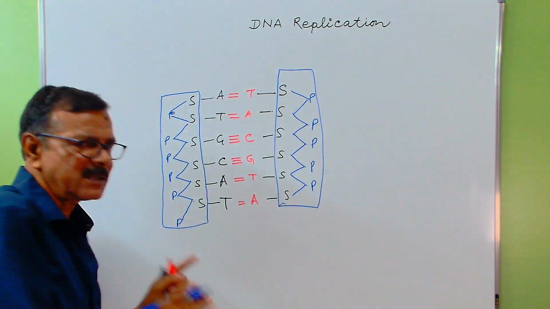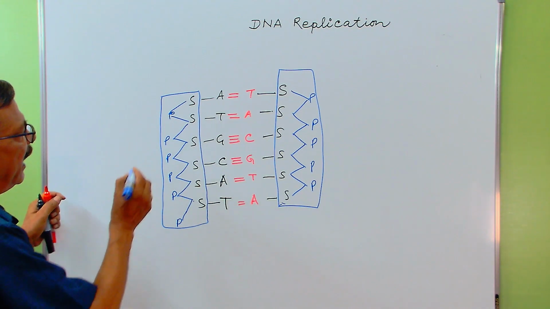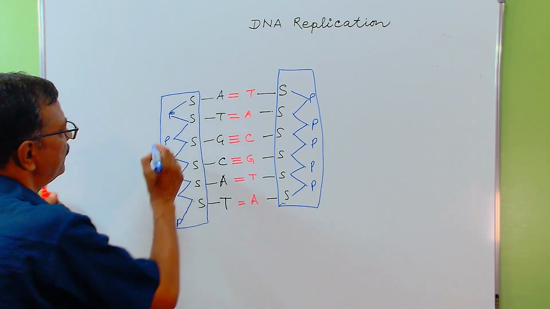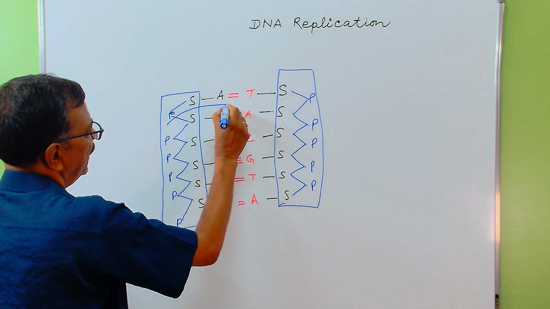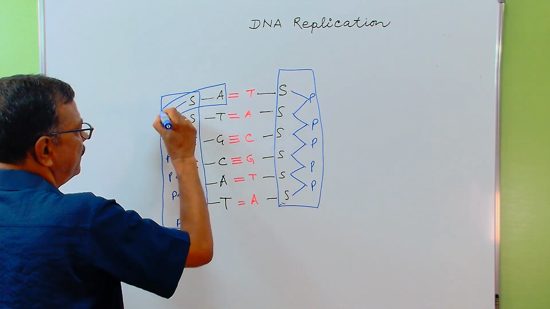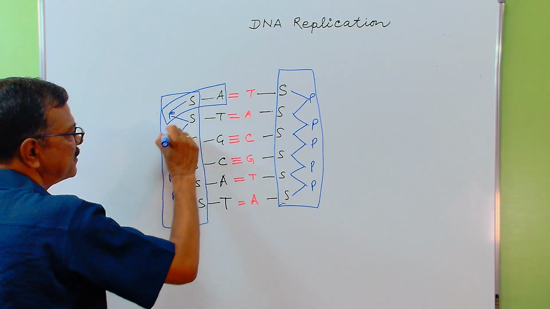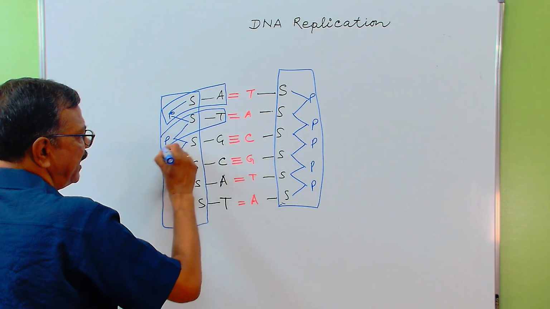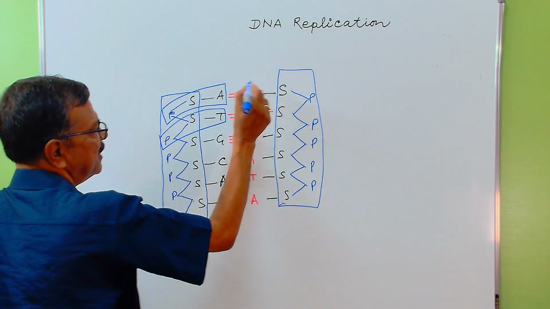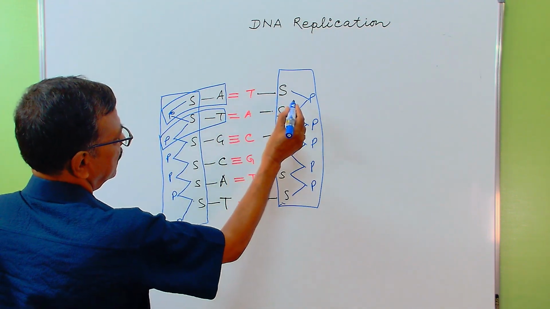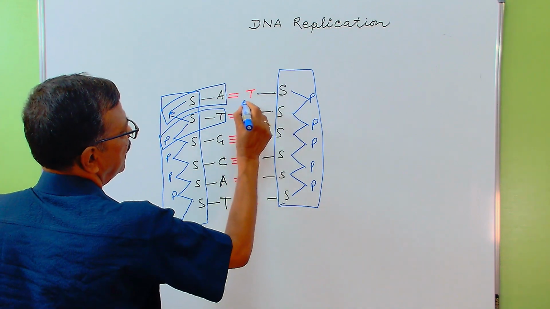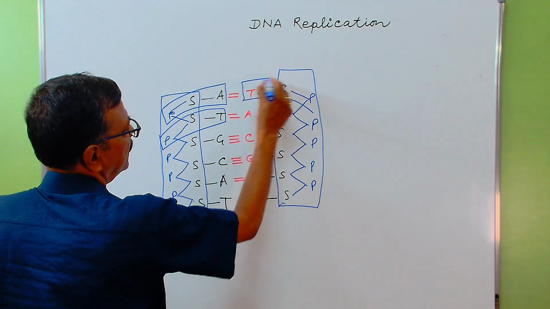This is the structure of DNA, and this is the structure of nucleotide. So there is some adenine. This is the structure of nucleotide.